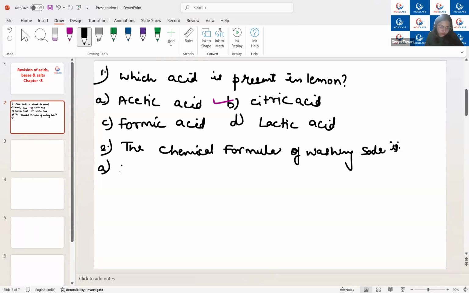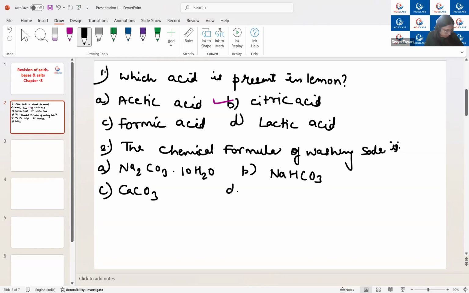Option A, Na2CO3.10H2O. Option B, NaHCO3. Option C, CaCO3, and option D, Na2SO4.